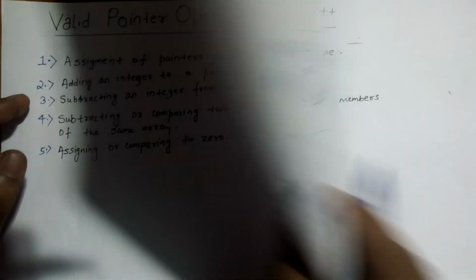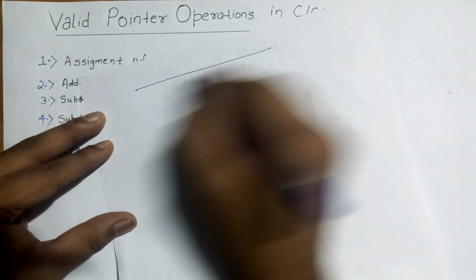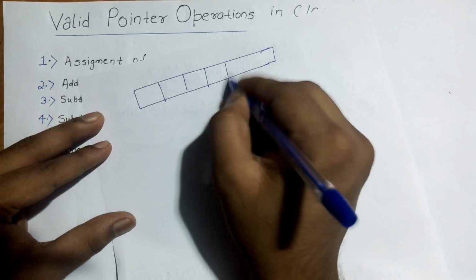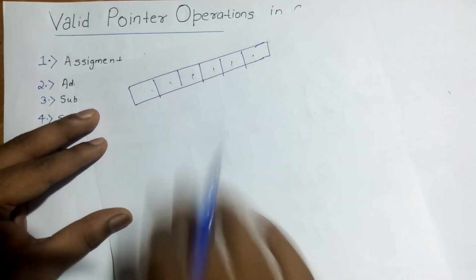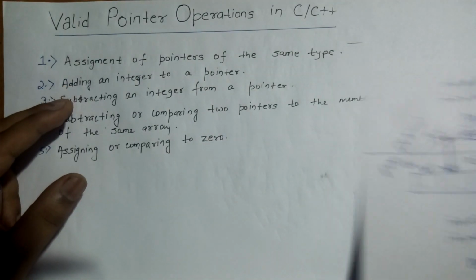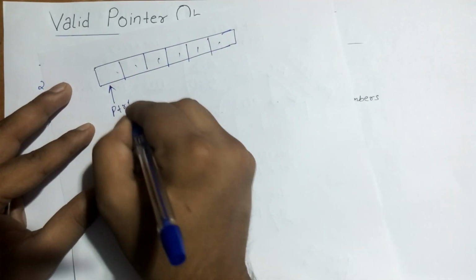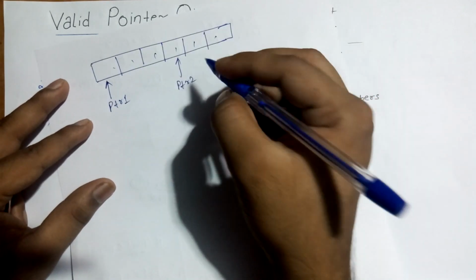One more operation you can do: previously our array was 1 2 3 4 5 6, and ptr1 was pointing here and ptr2 is now pointing there.